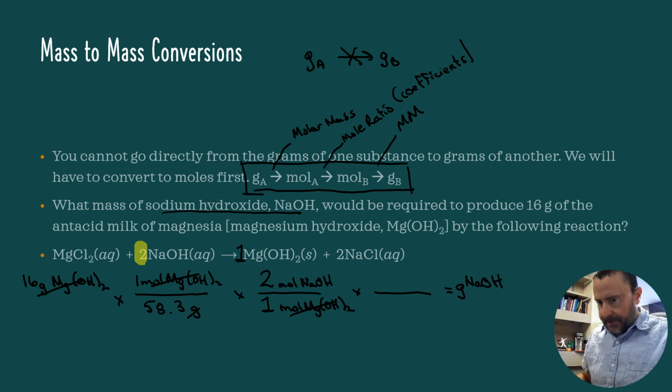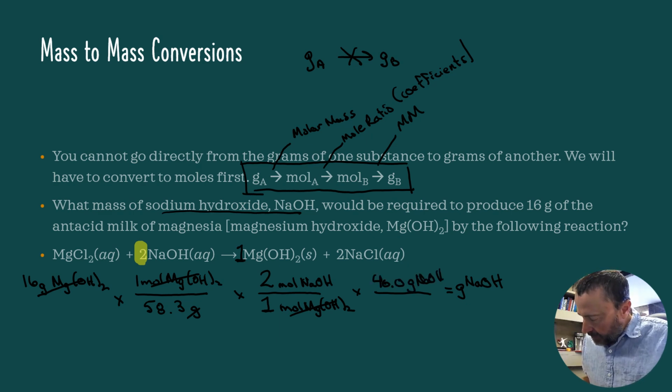Now I want to get to grams of NaOH, so I'm going to have to figure out what it weighs. So the mass of sodium plus the mass of an oxygen plus the mass of a hydrogen. So we get 40.0 grams of NaOH per 1 mole of NaOH.